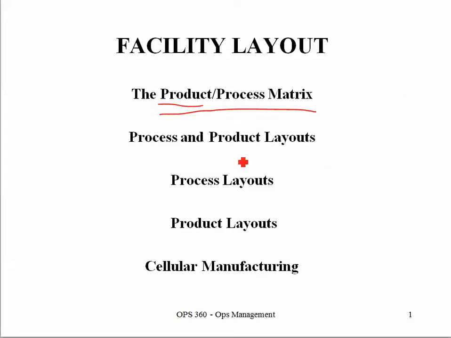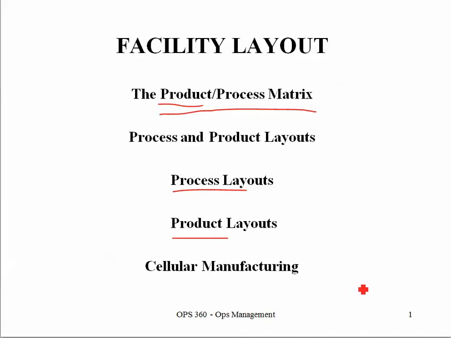After that, I'll talk about a couple different layouts that correspond to the different types of processes that we might choose from. Some layouts are called process layouts and some are called product layouts, and we'll see the difference between those two. And we'll also look at some tools for coming up with good process layouts and good product layouts once we've actually decided which type of layout is best for the range of products that we're manufacturing.